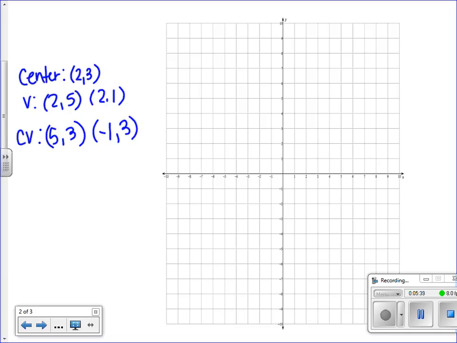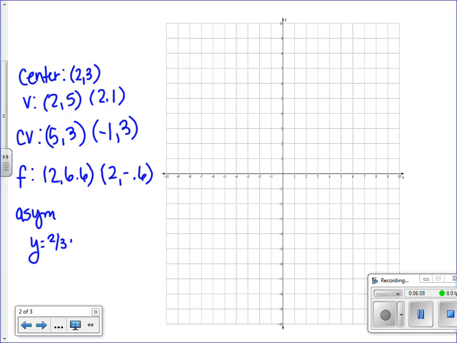Okay. And so if they open on the side, it would affect your y in that, right? Yeah. Yep. Foci. 2 and 6.6. And 2 what? Negative 0.6. Okay. And then asymptote. y equals 2/3 x plus 5/3.